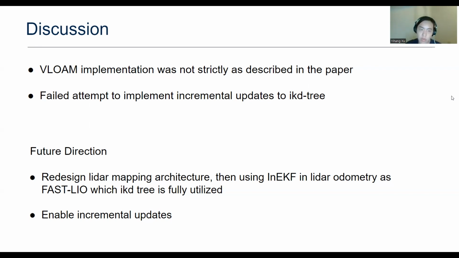We should focus more on redesigning the V-LOAM module. And also, there are unexpected inconsistencies of the student implementation of V-LOAM with the original paper, which made it a little bit more difficult to understand the code.